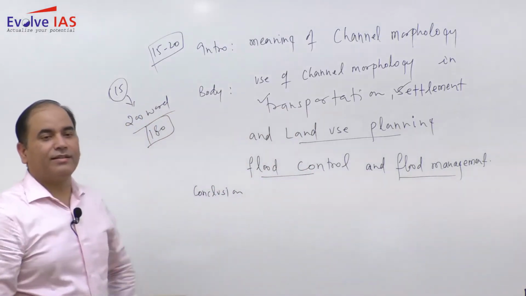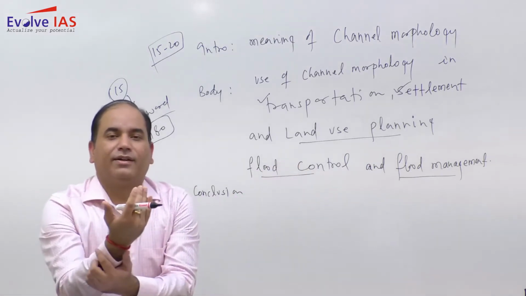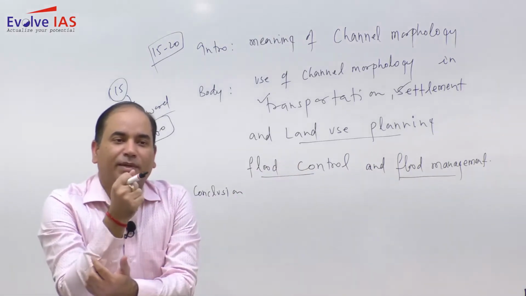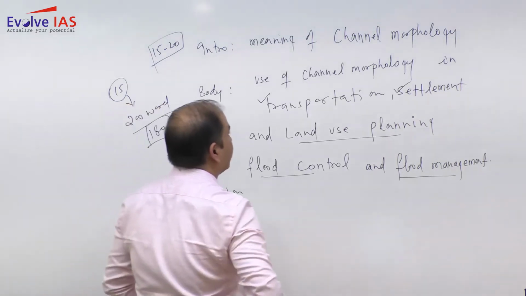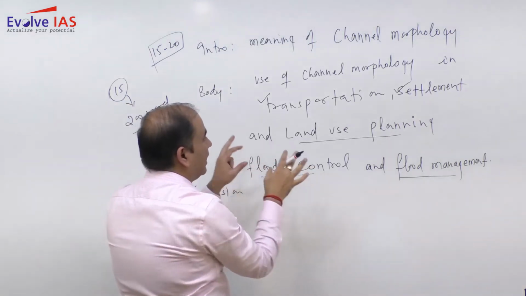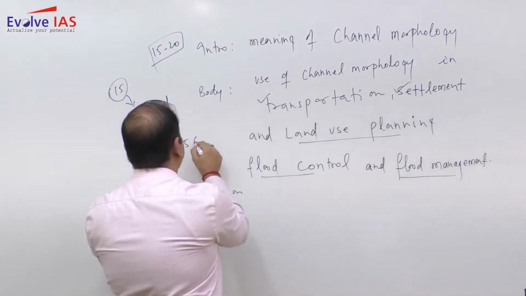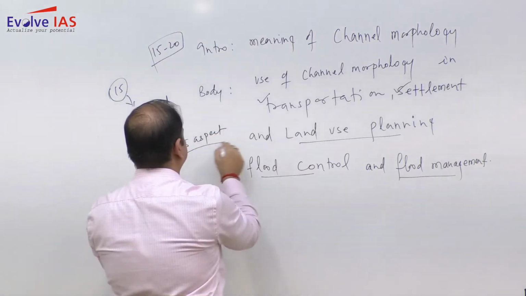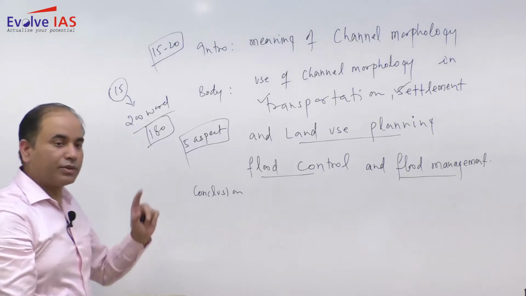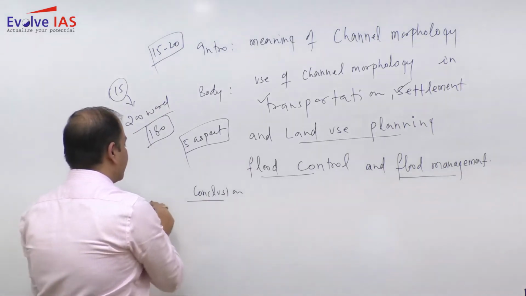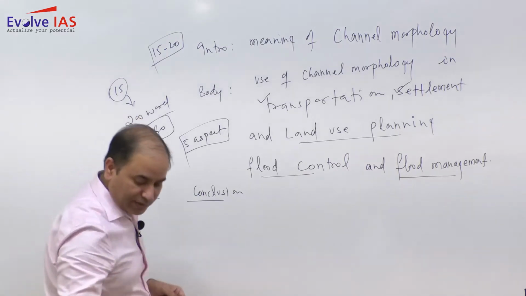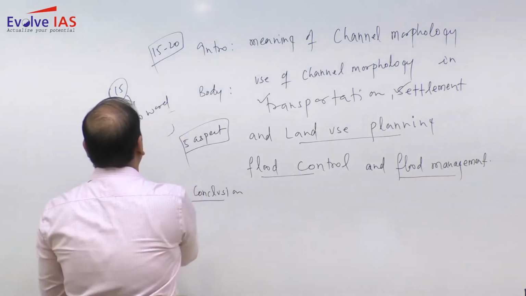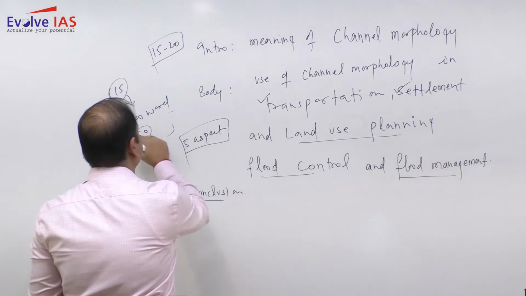The main aspect of handling this question is not that you should just write about one aspect. Rather, you should touch upon at least these 5 aspects. And along with that you also have to keep a conclusion. For the conclusion, if you write, let's say, 20 words, then maximum you are supposed to write 150 words for the body.